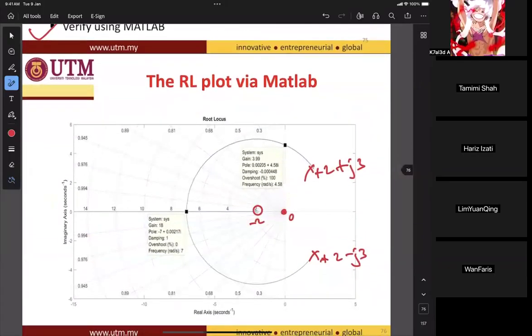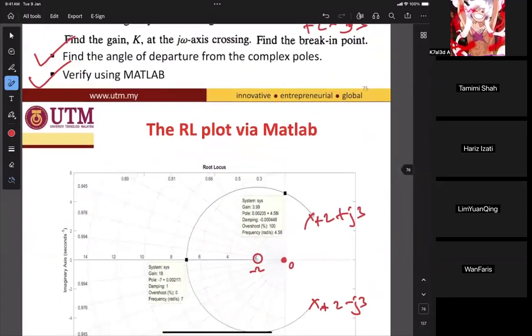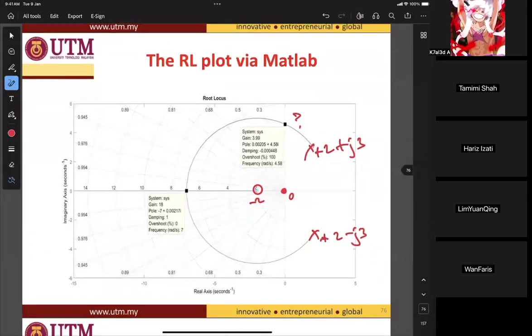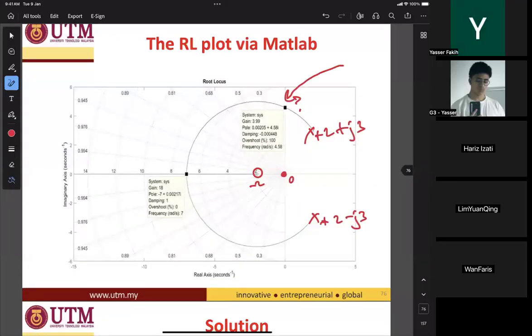Right. So the question asks you to find the gain K and find the break-in point. By looking here, it is about 4 point something or 5 point something, I'm not sure. From the computer, it is j4.8.